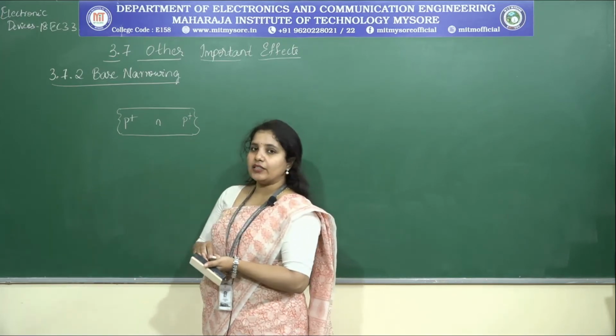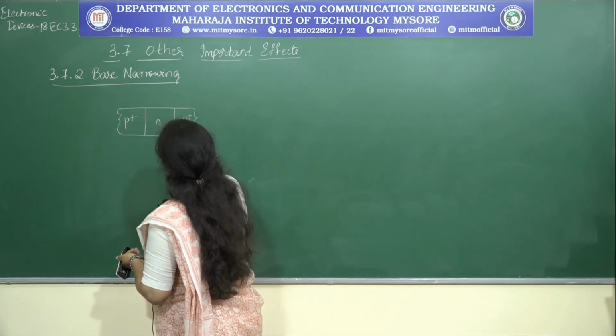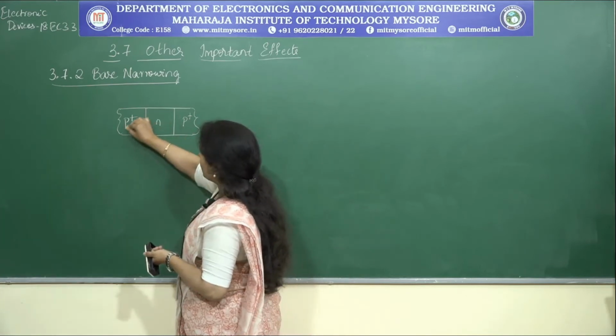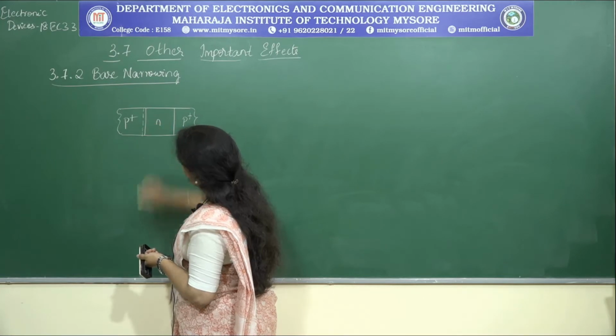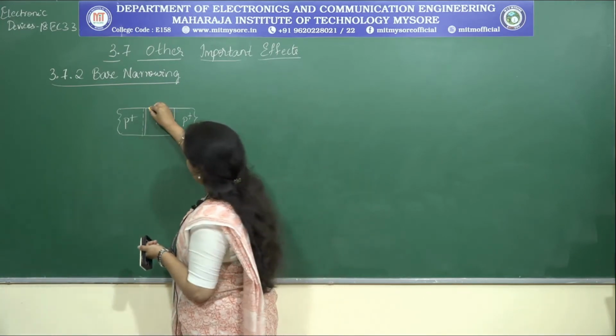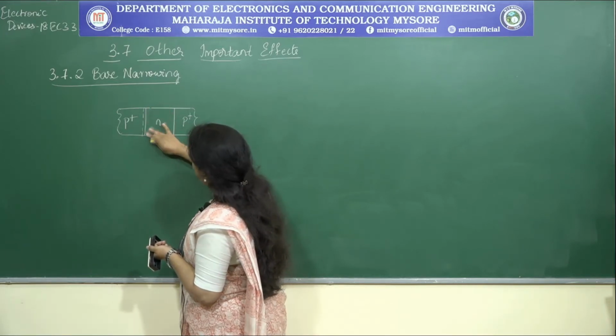Now let's try to represent the depletion regions. Focus on this because this is where the important factor lies. This is heavily doped, therefore what happens to the width? As I already mentioned, it has to be very short. The depletion region near the P plus is short, whereas near the base, as it is lightly doped, this can be a little wider.